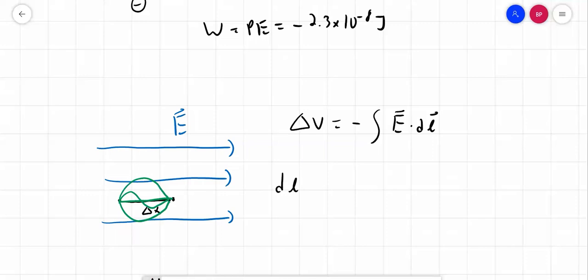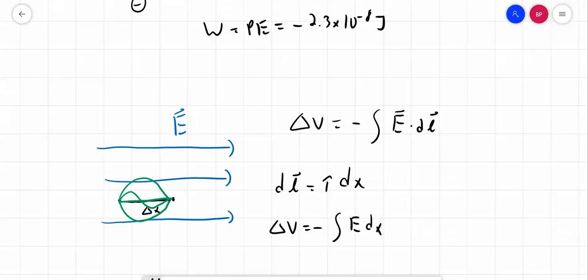So in that case, our dl is in the x direction, and it's just dx. So E is in the x direction, and our path is in the x direction. So this dot product will just give us 1, and we'll be left with the magnitude of the electric field times dx.